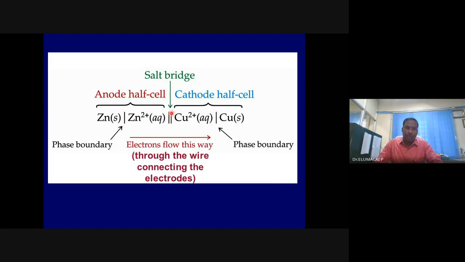So there is a small distinction. Please remember, parallel solid lines represent membrane or separator. If it is a dotted line, it is a salt bridge. Okay. So this single line is a physical boundary between the electrode and the electrolyte, and this parallel line is a separation of both half cells.